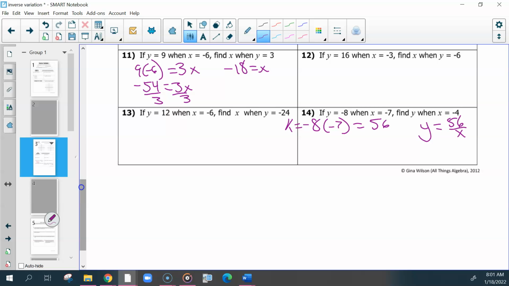And then we could put in our missing values. We need to find y when x is -4. So we would put -4 in for x. And then someone divide that and tell me what that is. -14.